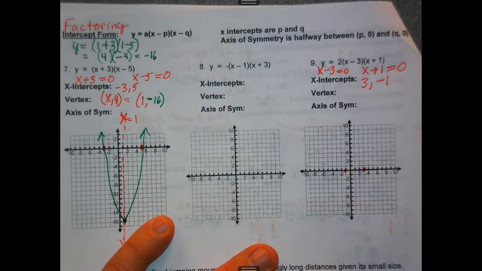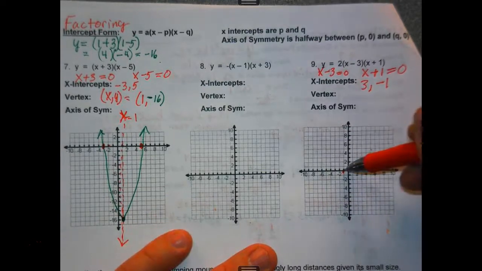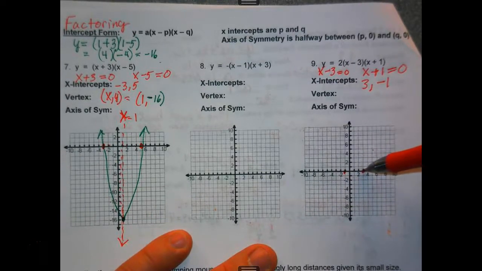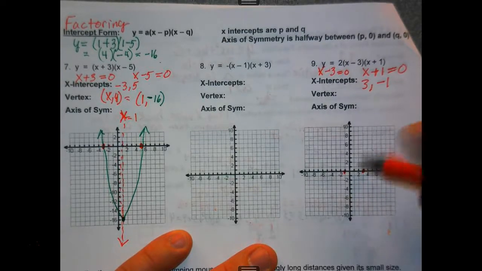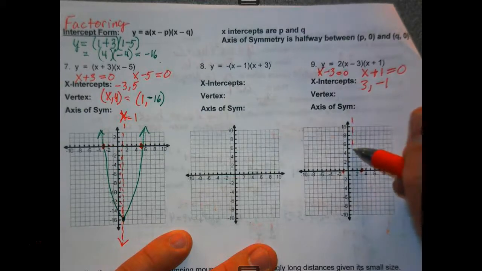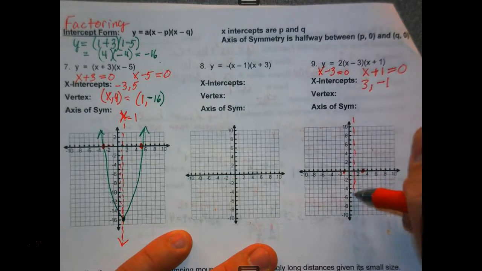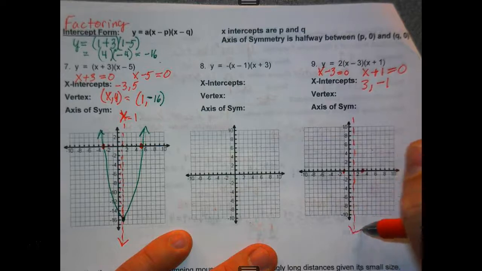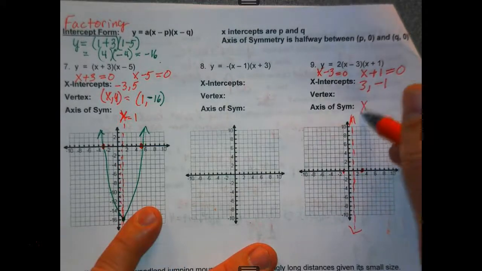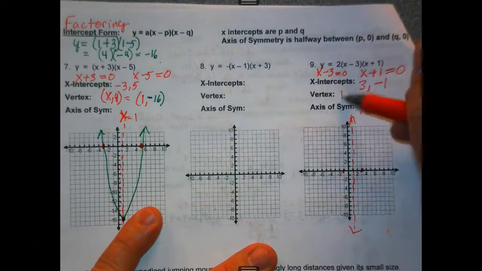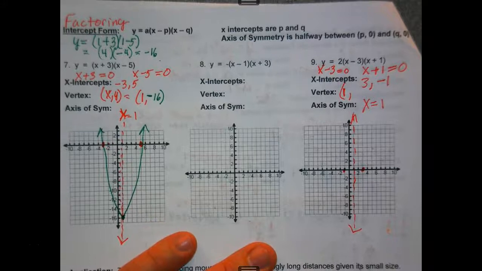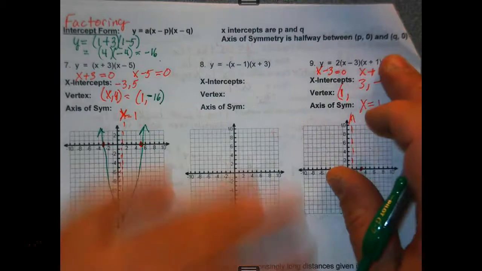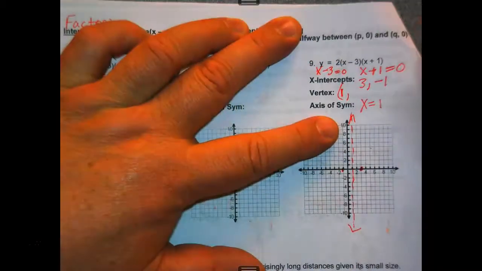Okay, I'm going to find my axis of symmetry. 1, 2, 3, 4, divided by 2 is 2, so I'm going to go back 2. 1, 2. There's my axis of symmetry, x equals 1. It's also the x-coordinate of my vertex. How do I find y? Going to plug it back in here for x.